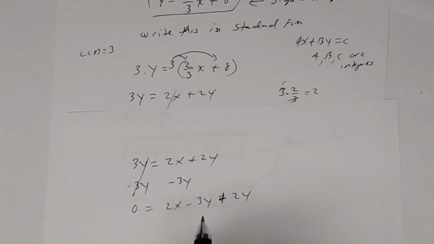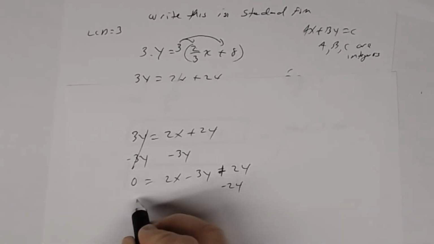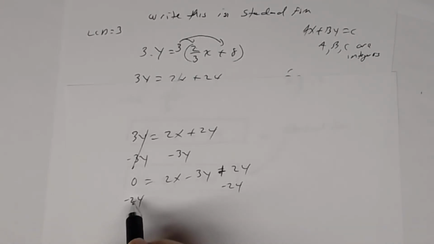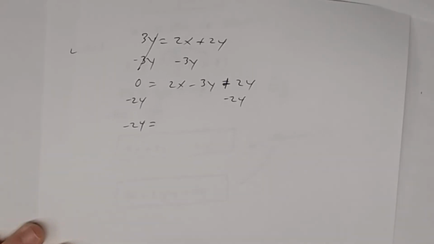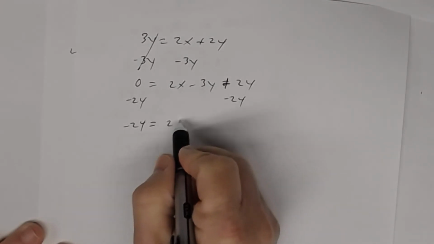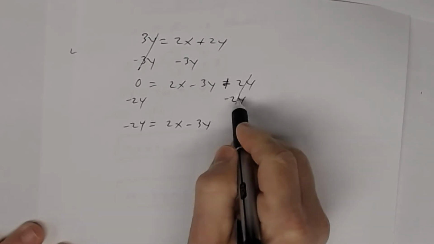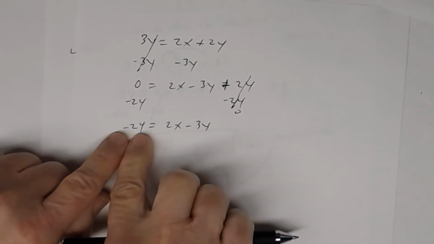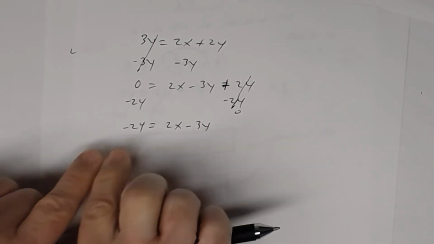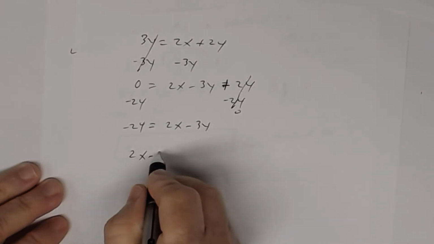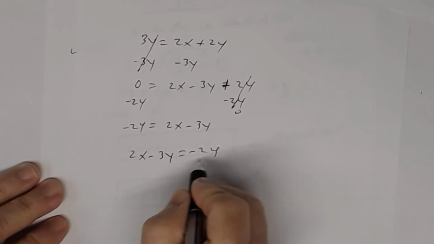And then they brought the constant to the other side, so subtracted 24 from both sides. 0 minus 24 is a negative 24, equal. And then on this side, you get 2x minus 3y. Remember, left side equal right side means the same thing as saying right side equal left side. So 2x minus 3y equal negative 24.